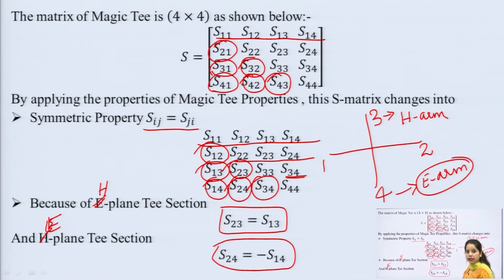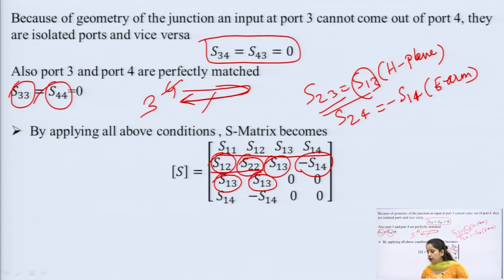S34 collinear arm should be equal to 0, and S44 should be equal to 0 as per the matched port. And here it is S14, and S24 should be replaced with minus of S14.